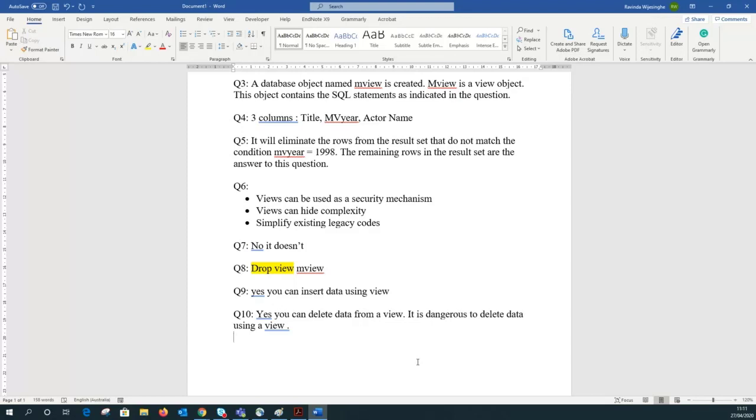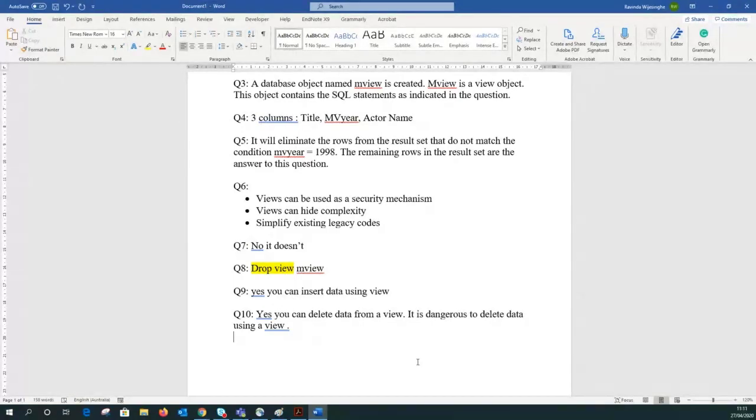Some tables contain constraints which apply to certain columns only. If these columns are not present inside our view, then we will get an error message, and we will not successfully delete the data. That is why deleting the data is a bit dangerous.